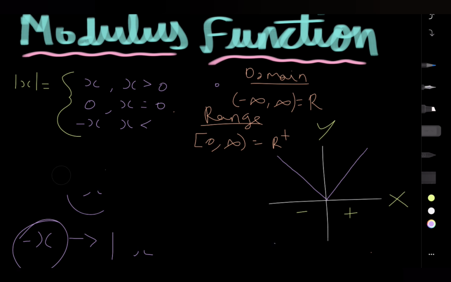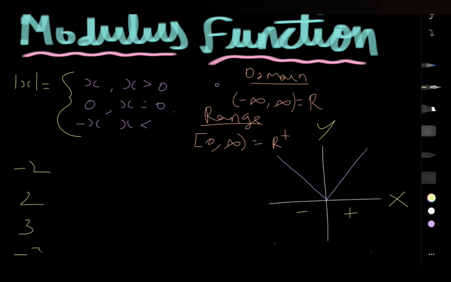Some examples we will take and relate to the graph. For concept clearance, for example, if I'm taking minus 2, 2, 3 and minus 3, I'm taking them through the machine called modulus. Then I will get modulus of minus 2, modulus of 2, modulus of 3 and modulus of minus 3.